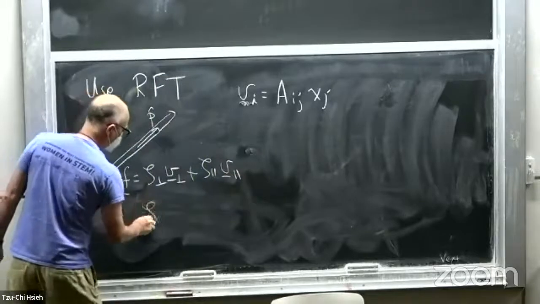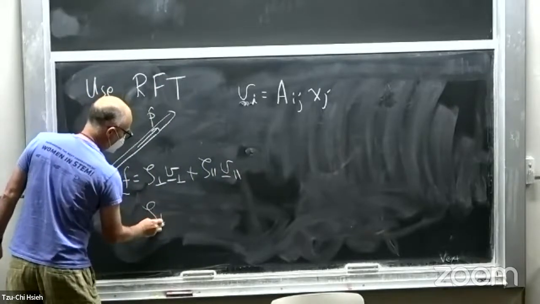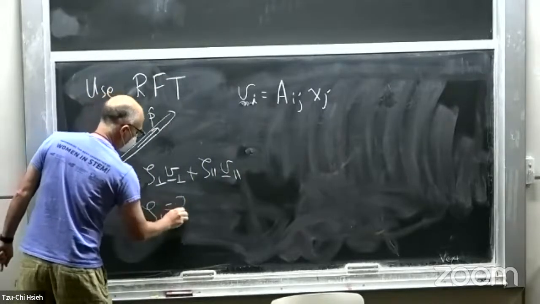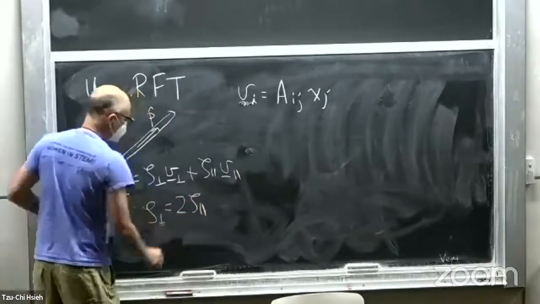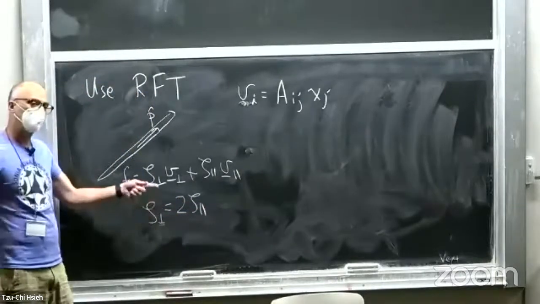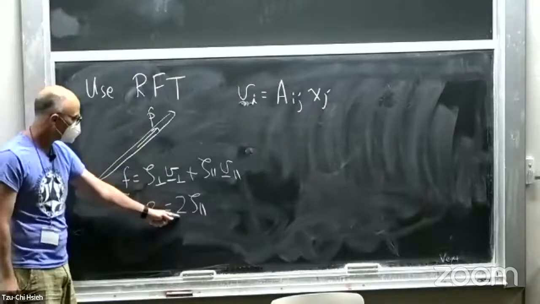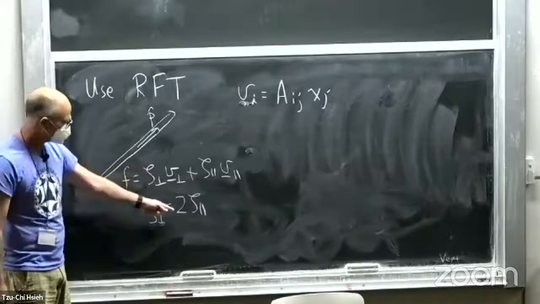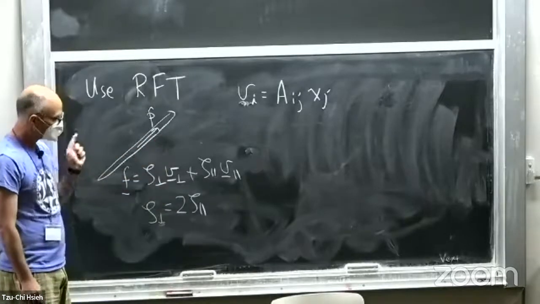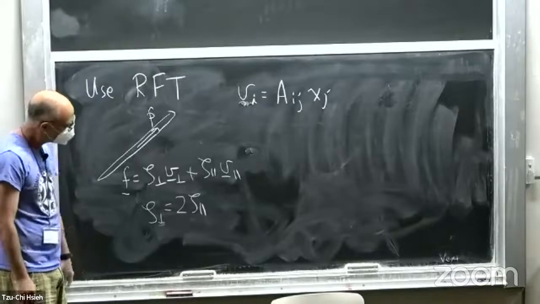And for the formula that I'm going to write, I'm going to say that this perpendicular drag is exactly twice the parallel one. It's not exactly 2 in the formulas I wrote down, but for what we're doing here, we'll say that it's equal to 2.